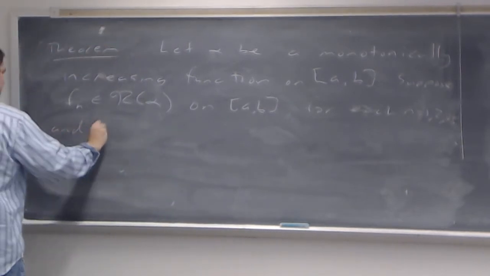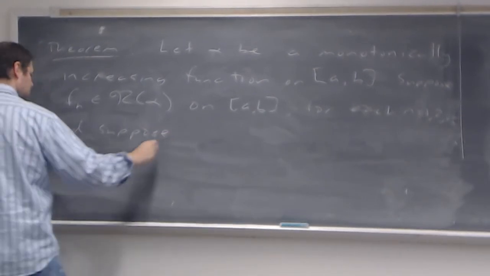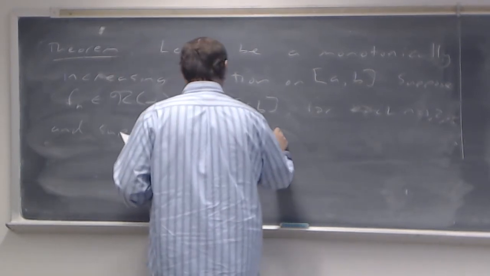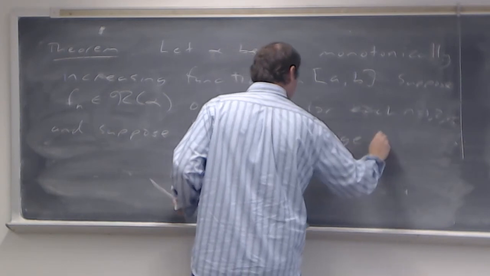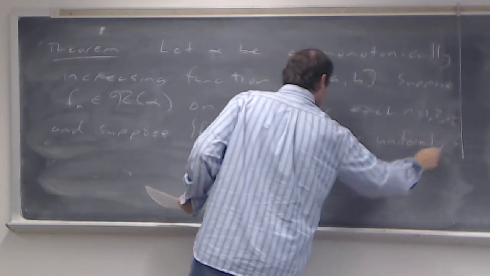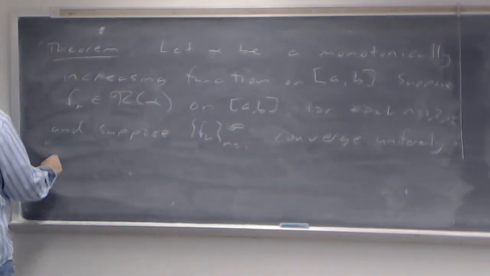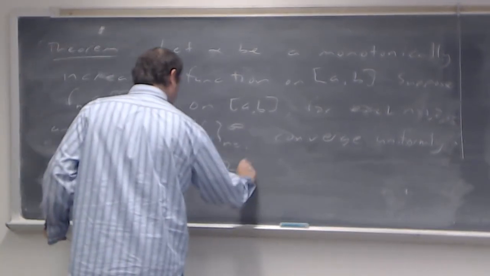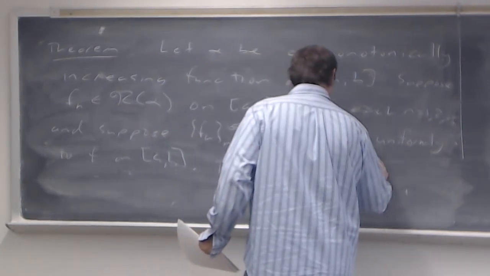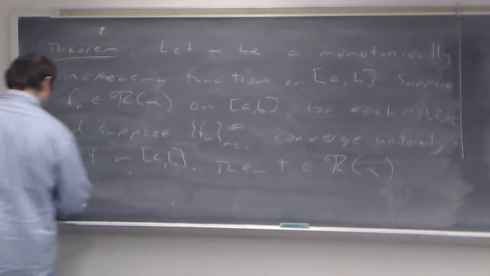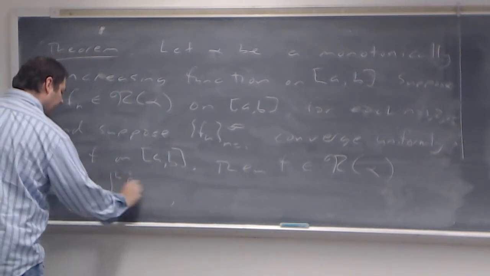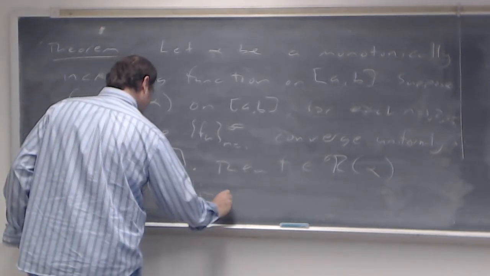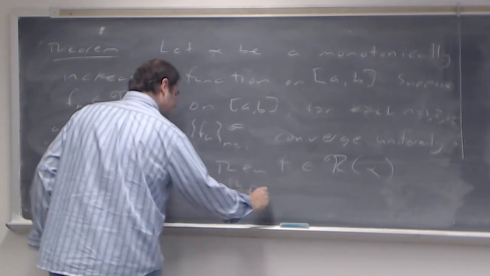And suppose that the sequence of the f sub n converge uniformly to f on a to b, then f is going to be Riemann-Stieltjes integrable with respect to alpha, and not only that, but the integral from a to b of f d alpha will be equal to the limit as n goes to infinity of the integral from a to b of f sub n d alpha.